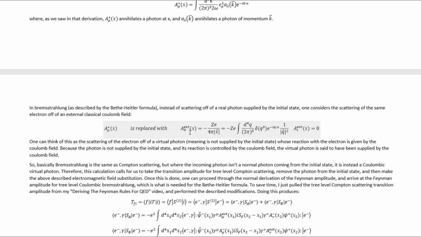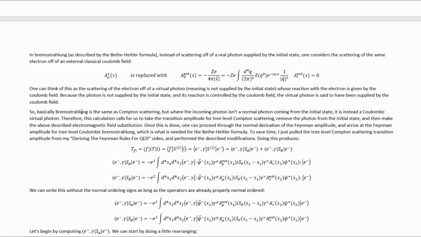So one removes the photon from the initial state and makes this replacement. One can think of this as the scattering of an electron off of a virtual photon, meaning it is not supplied by the initial state, whose reaction with the electron is given by the Coulomb field. Because the photon is not supplied by the initial state and its reaction is controlled by the Coulomb field, the virtual photon is said to be supplied by the Coulomb field.